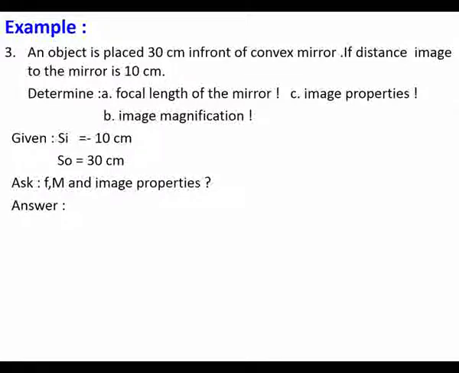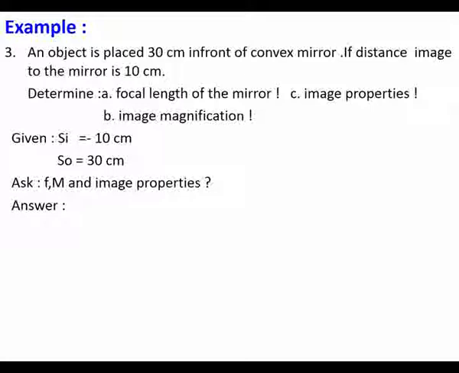Now we'll see the third problem. An object is placed 30 cm in front of a convex mirror. If the distance of the image to the mirror is 10 cm, determine A. Focal length of the mirror, B. Image magnification, C. Image properties. From the problem, SI is given as minus 10 cm. The value is negative for this problem because the mirror is a convex mirror.